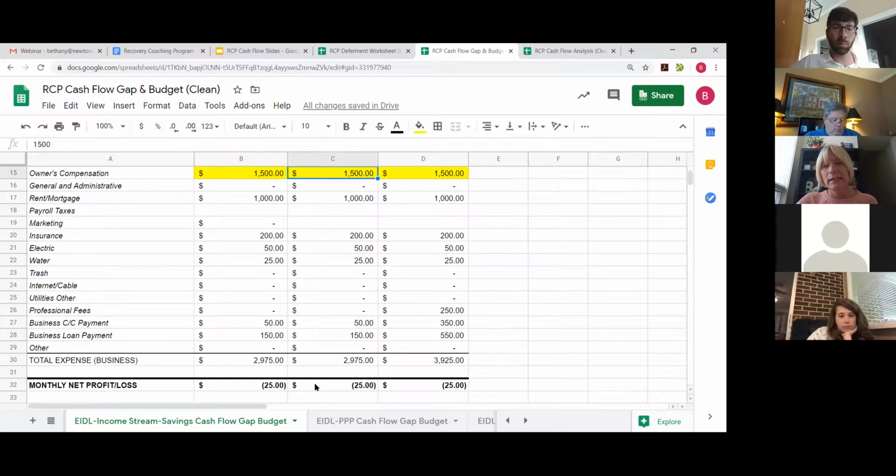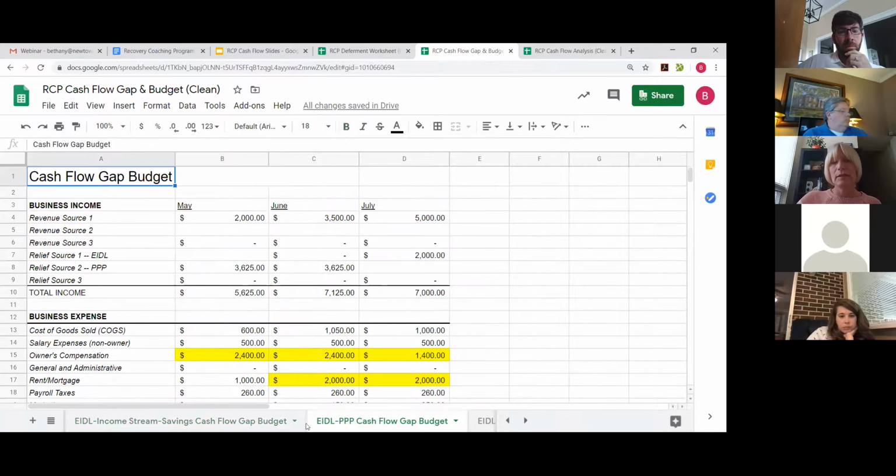But you can see here how using this tool can help you really think through the different scenarios of, should I close down for a while and accept unemployment? Should I be closed for a while and let my colleagues get unemployment? Or should I go ahead and take that PPP loan?